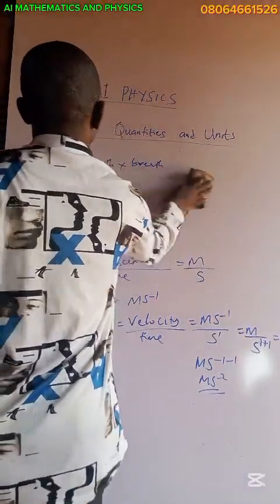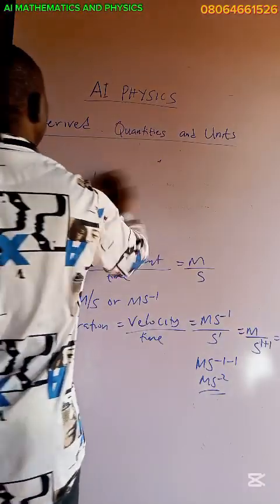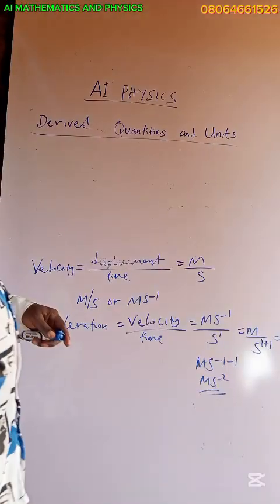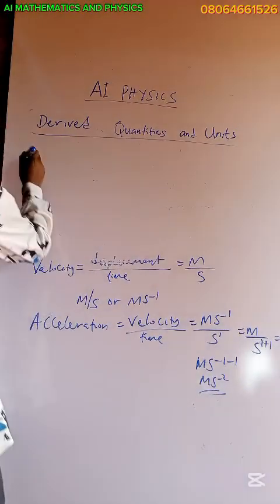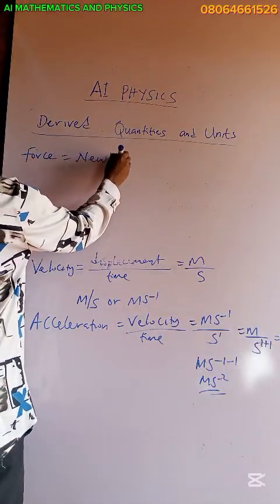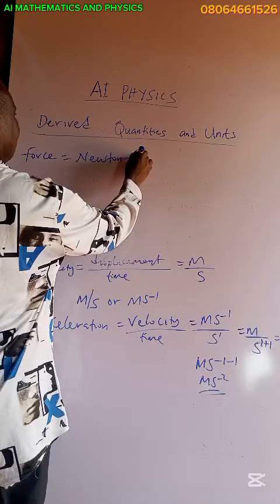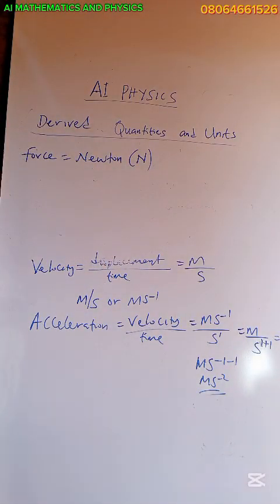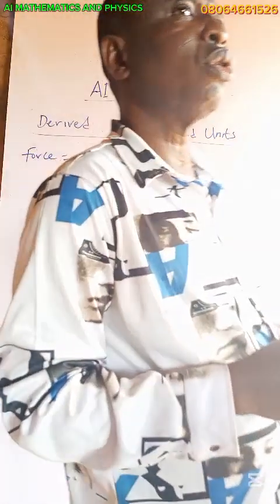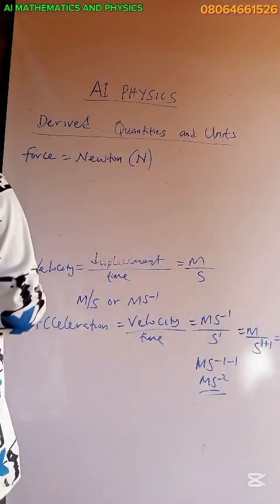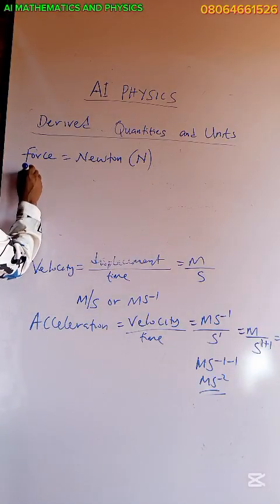Now, force. Everybody knows force. The popular unit is Newton. Newton is represented by what? Capital N. But in questions, you may not see Newton as an option, especially in WAEC or JAMB or post-JAMB. So they want to test your knowledge of derived units.